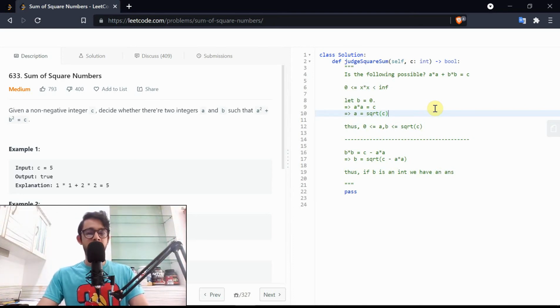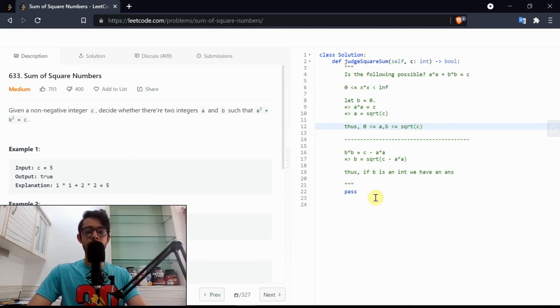This way we have found upper and lower bounds. When b is at its minimum 0, a is at its maximum, the square root of c. Alternatively, if we set a equal to 0, we'll get b equals the square root of c. Meaning that both of these variables start from 0 and go all the way up to the square root of c.